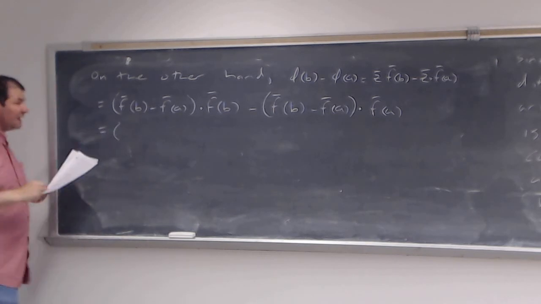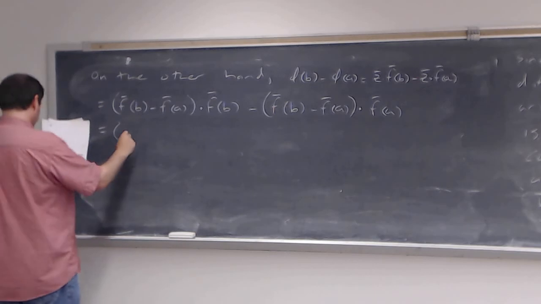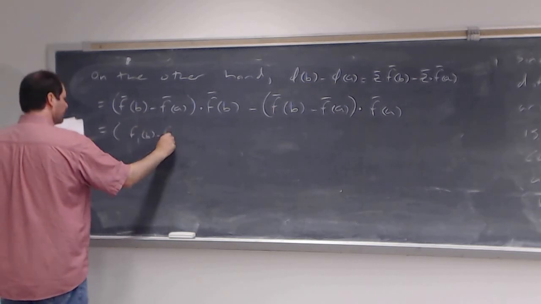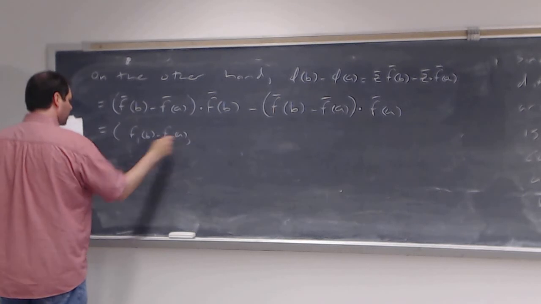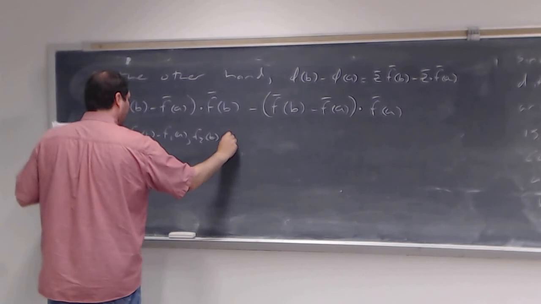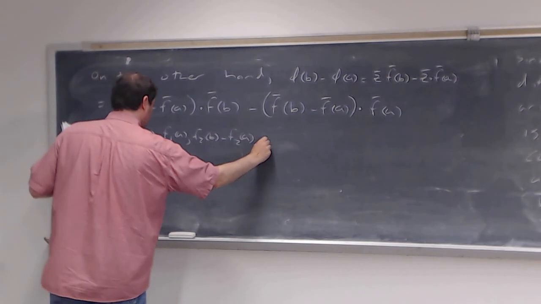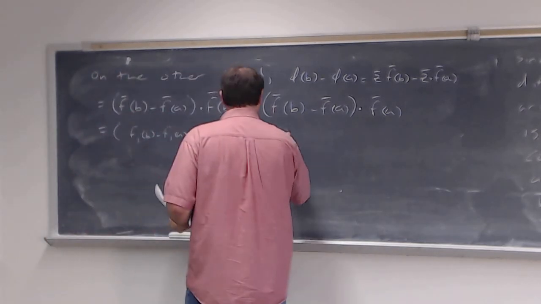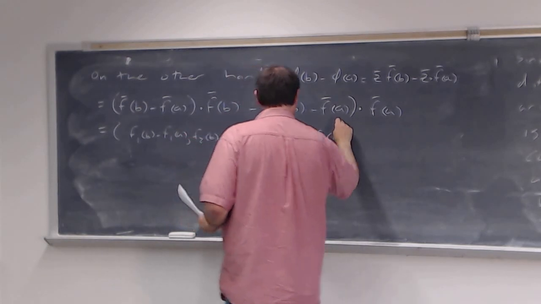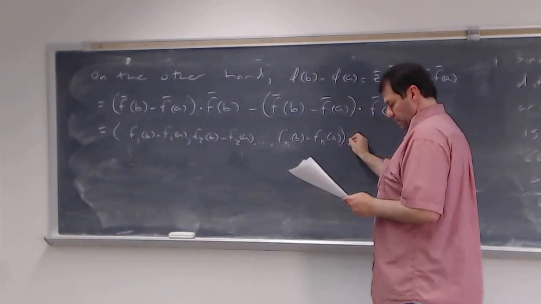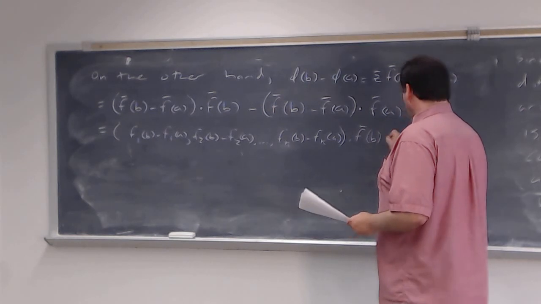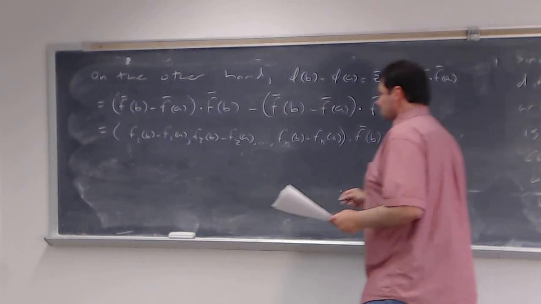This is an element in RK. And so what it is, it can be written down as F1 of B minus F1 of A, F2 of B minus F2 of A, all the way up to Fk of B minus Fk of A, inner product with F bar of B, and then minus, I'll write the rest of it here.